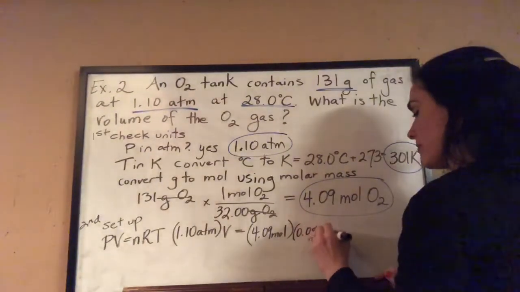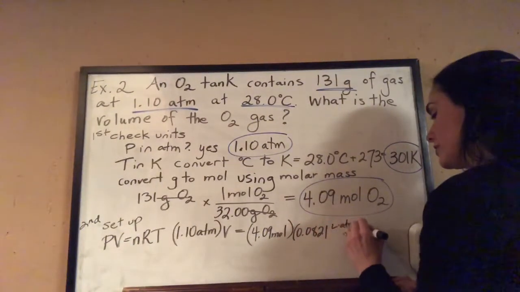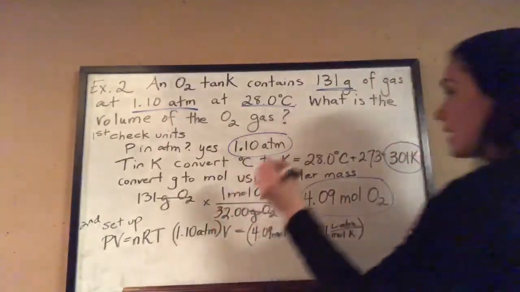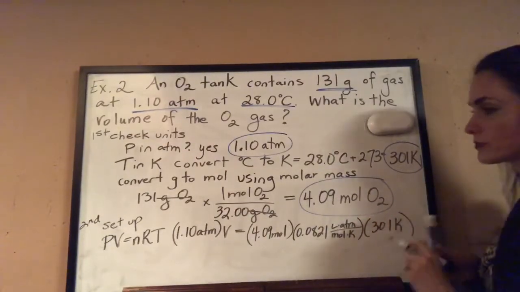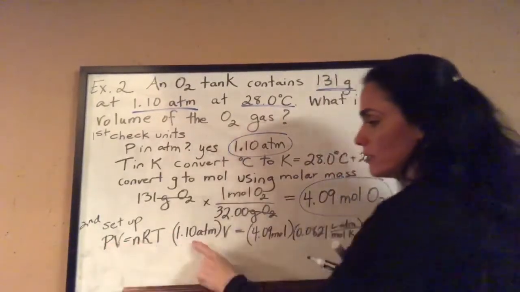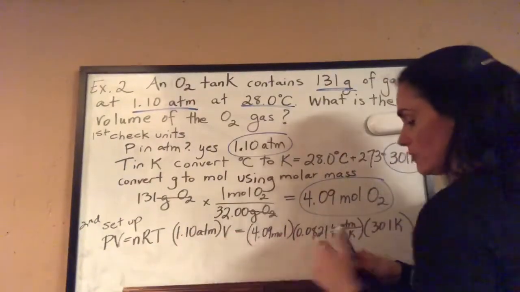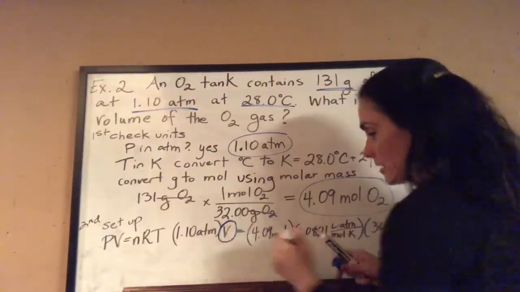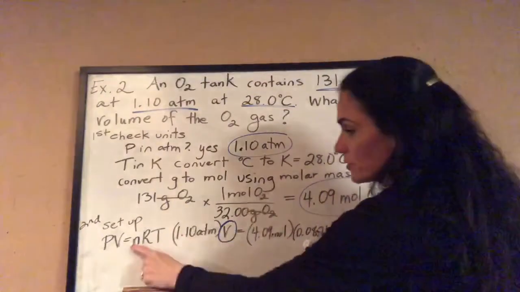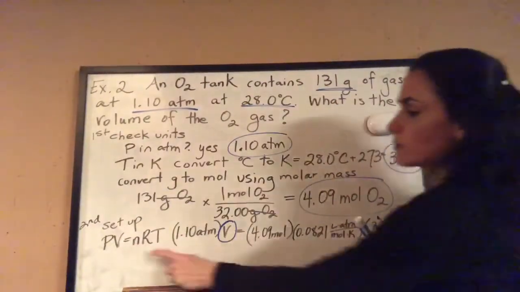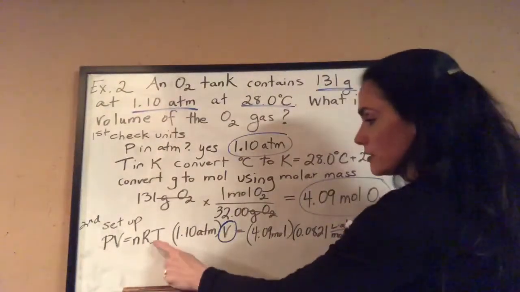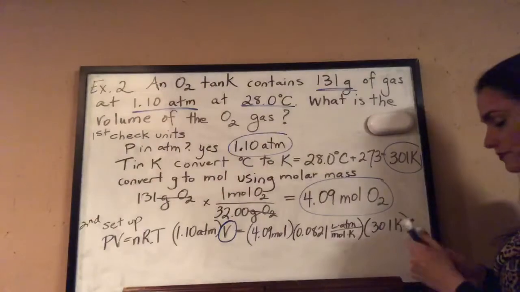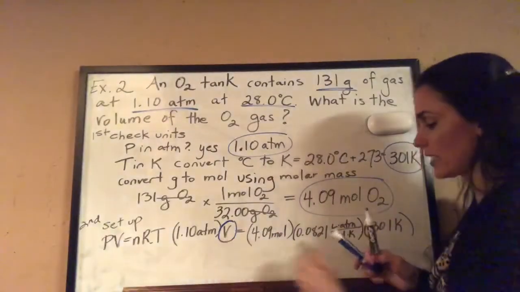You're going to use it every time you do an ideal gas law problem. And temperature, we have the Kelvin equivalent, 301. Pressure, pressure. Volume, that's our unknown. Moles, moles. Ideal gas constant, ideal gas constant. Temperature, temperature. Now we need to get the volume by itself.